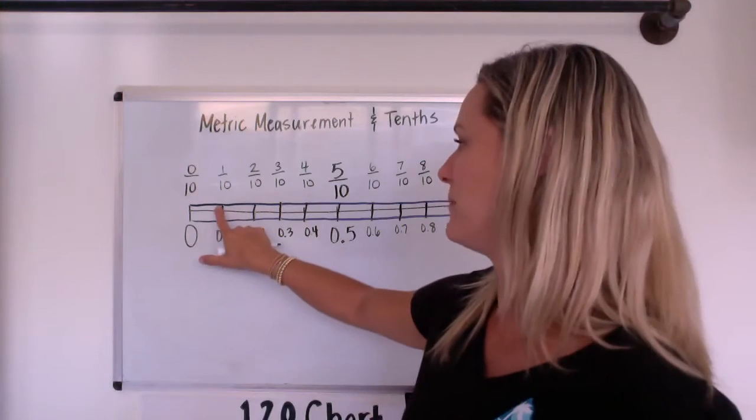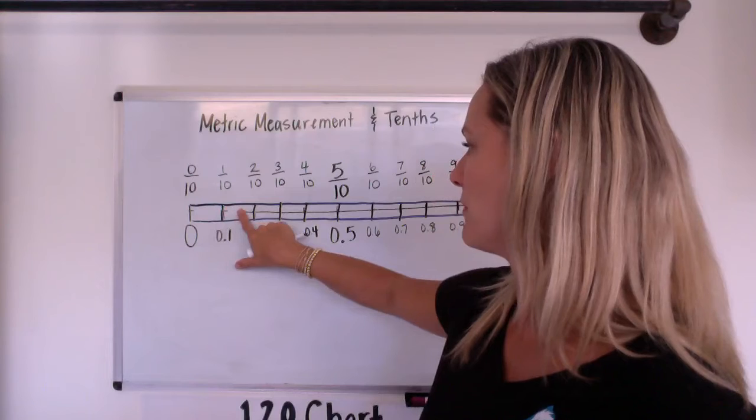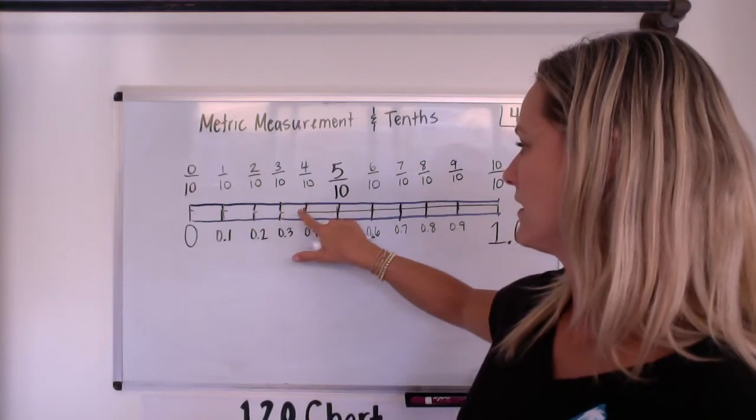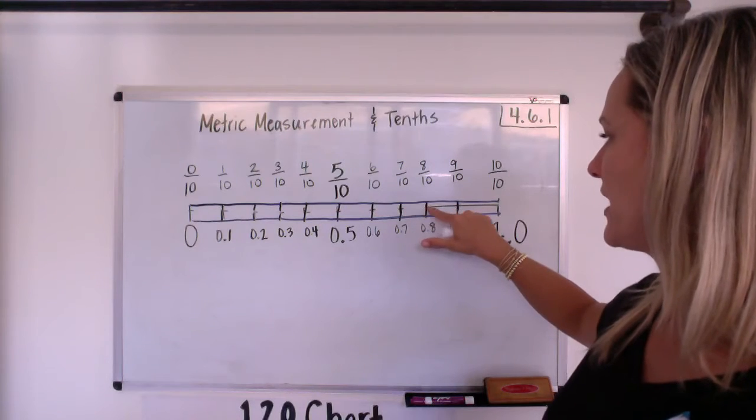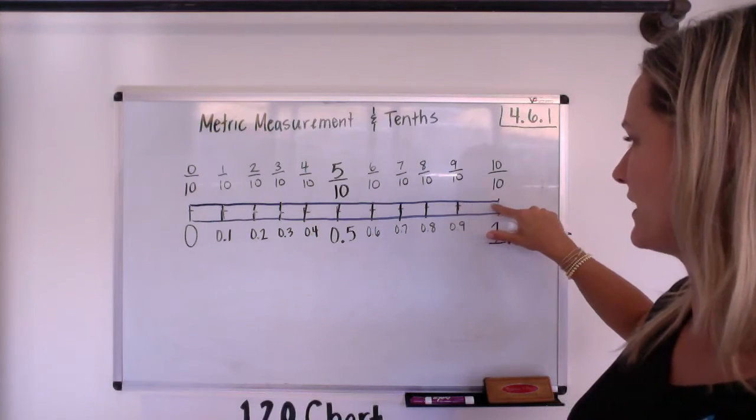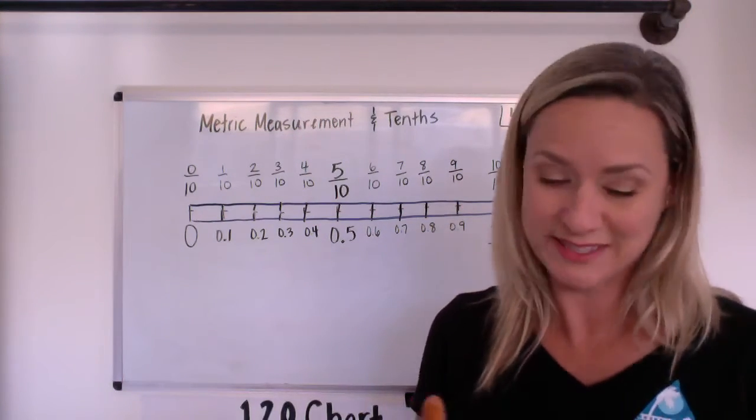Voila! I've got a tape diagram, and now I can just take my middle line out. So we just saw that a tape diagram is just like a number line, which is kind of crazy and kind of cool at the same time.